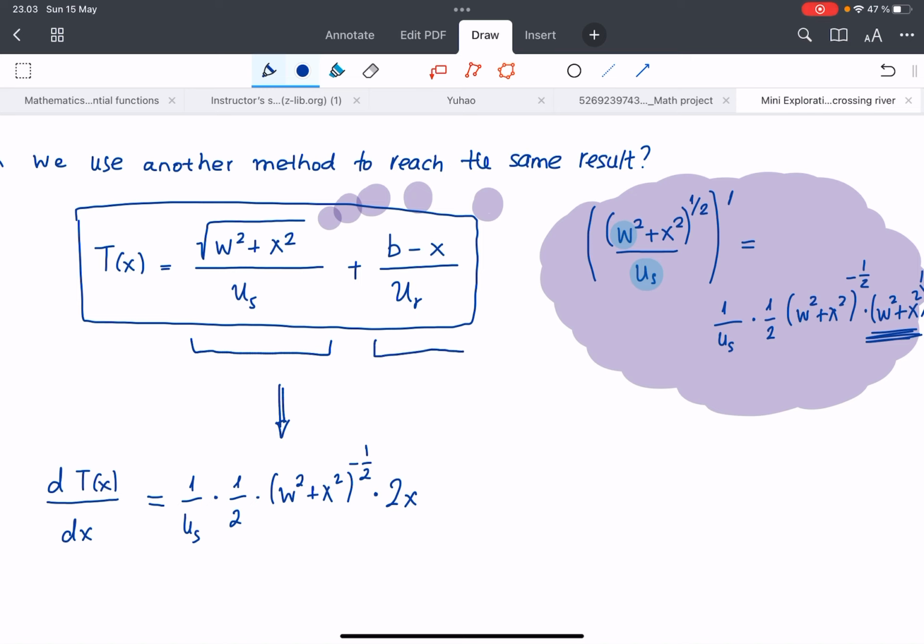Now what about the second part? Well, plus this is constant again, so 1 over VR can go out, and the derivative of b minus x is going to be negative 1.